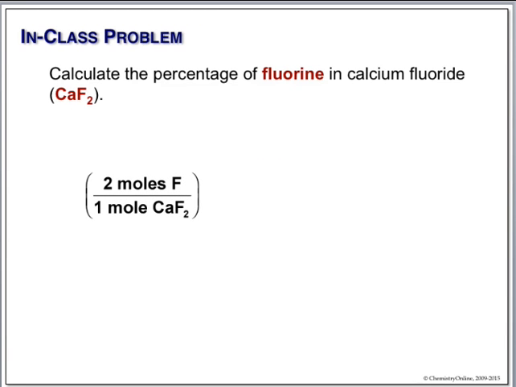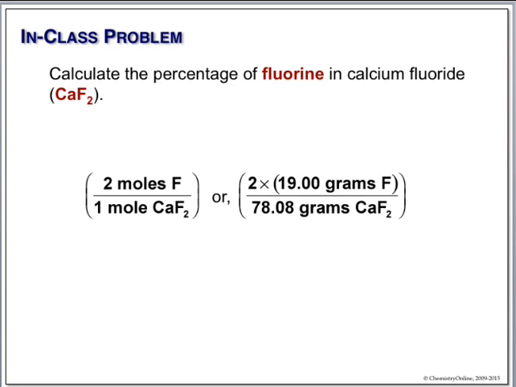In calcium fluoride, there are 2 fluorines for every calcium fluoride, right? Every fluorine weighs 19, so that's 2 at 19. Every mole of calcium fluoride is 78. We do our very simple calculation here, 2 times 19 divided by 78, and we get 0.48 or 48%.